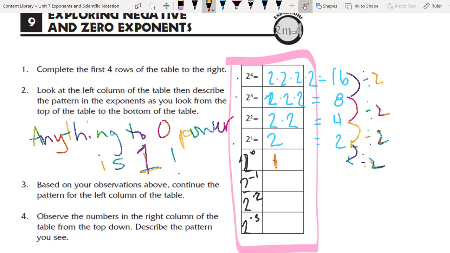But what about these negative exponents? That's new. So we just continue the pattern of dividing by 2. So if I have 1 here, what's 1 divided by 2? 1/2.